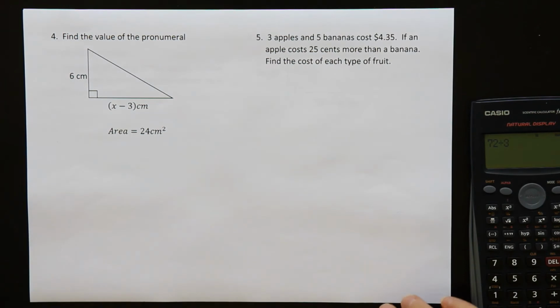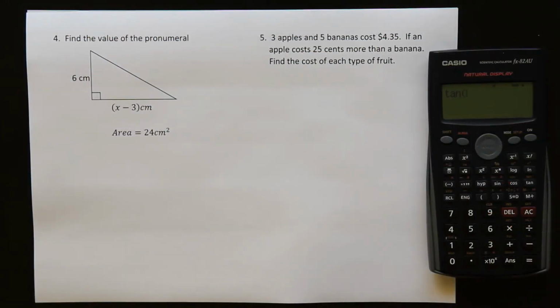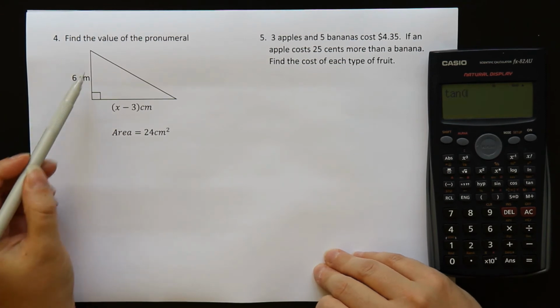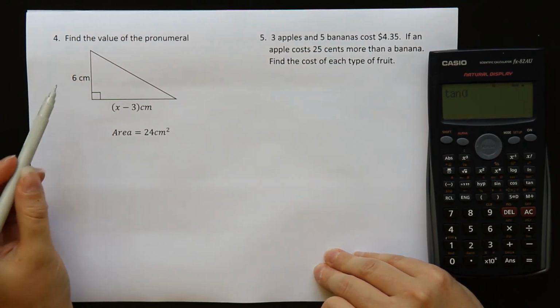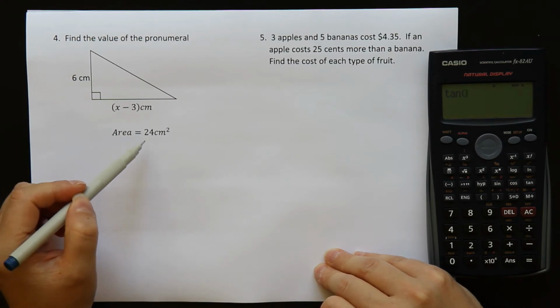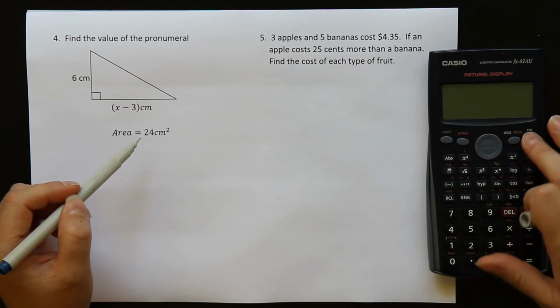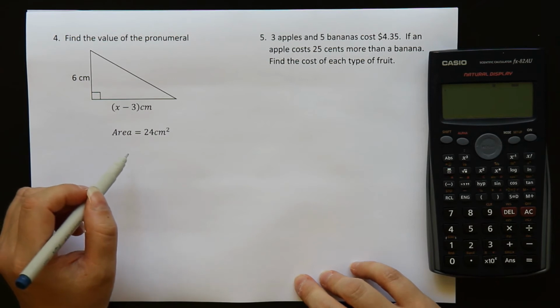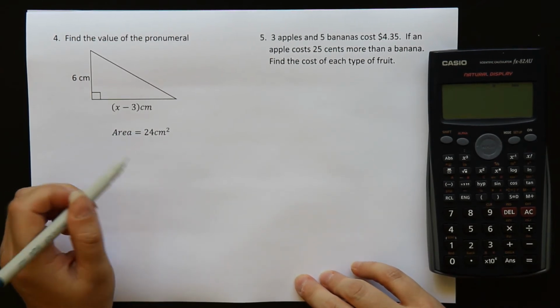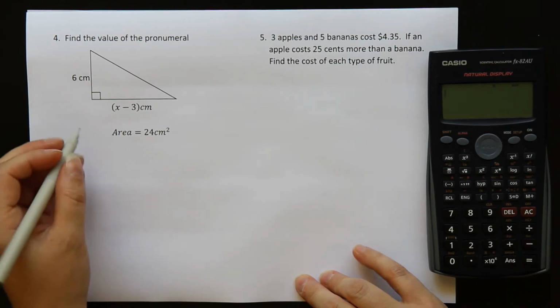Okay, on the next page I have a couple more. Question 4, it says to find the value of the pronumeral. I have a triangle here, and down the bottom here, it says the area is equal to 24 centimeters squared. Now if I'm told that the area is 24, maybe I need to use the area of a triangle formula.